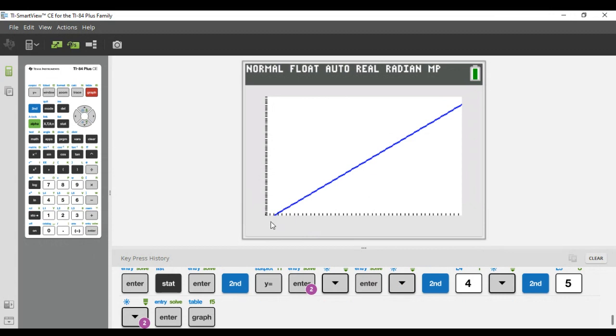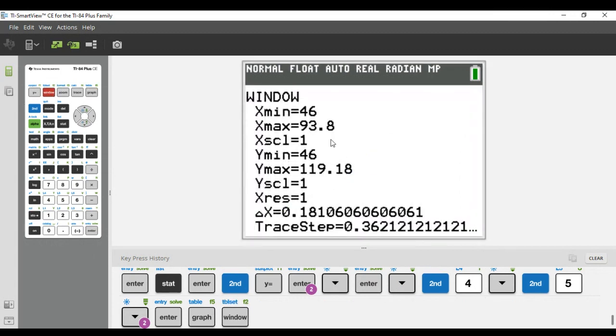So the window might look off because this is just the Y half of the first quadrant showing. You can go to window and adjust this so that you can see the whole graph. You got it? Yes. All right. So that's how you graph the scatter plot. All right. Let me see again.